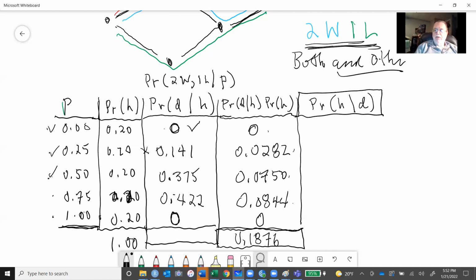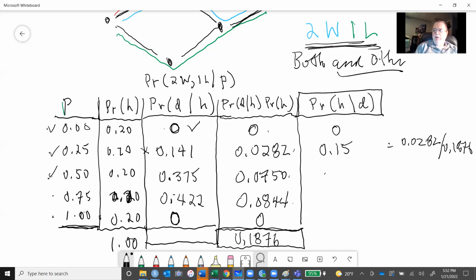Oh my gosh. 0.15. Take 0.0282 divided by 0.1876: 0.15. Take 0.0750 and divide it by 0.1876, decimal places, of course.